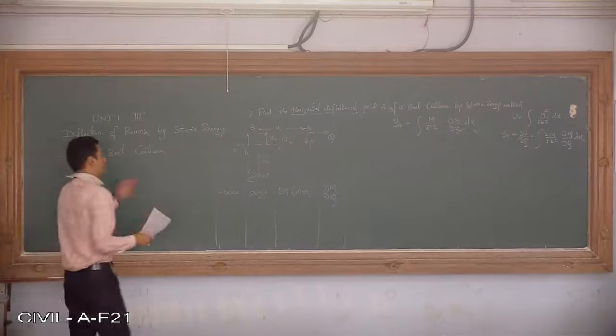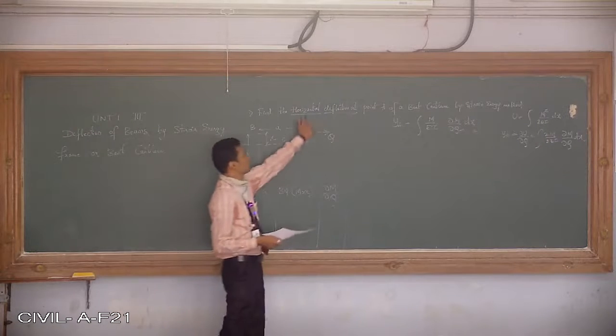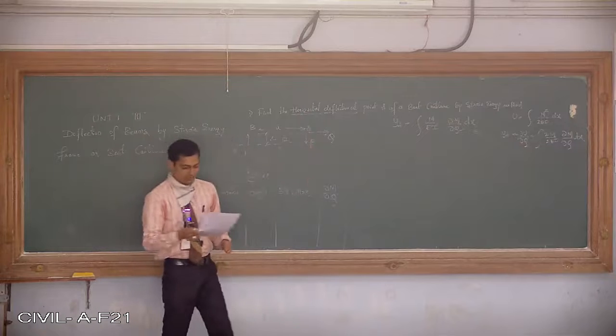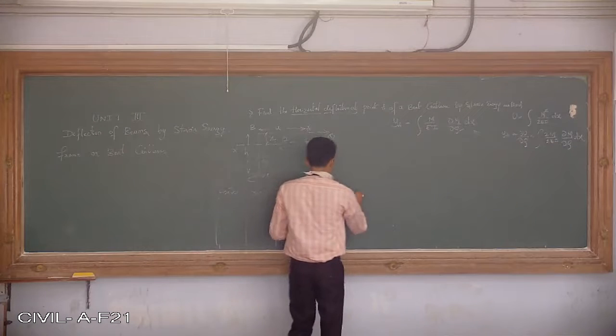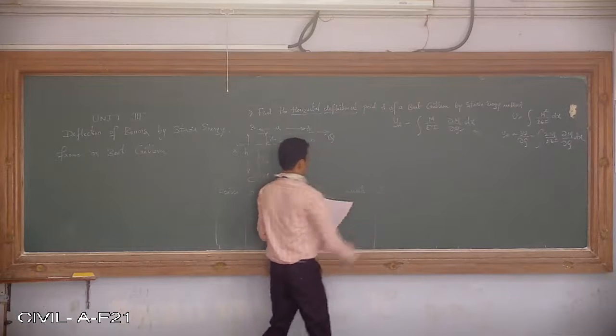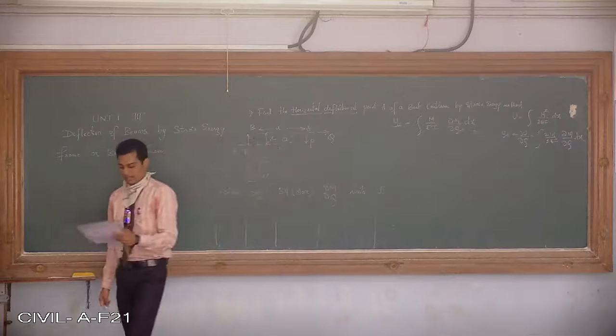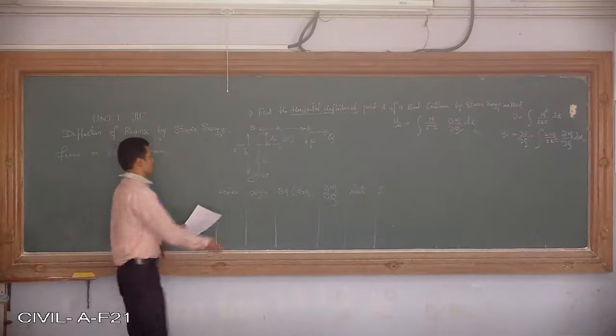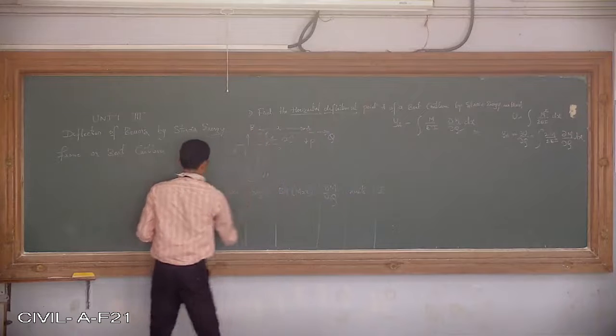If you differentiate with respect to Q, you get horizontal deflection. Then come the limits, then the moment of inertia I. The portions remain the same, AB, BC, right?